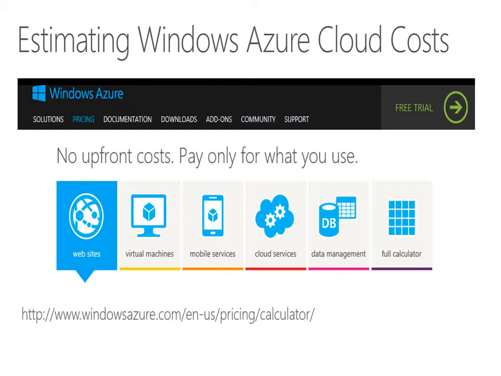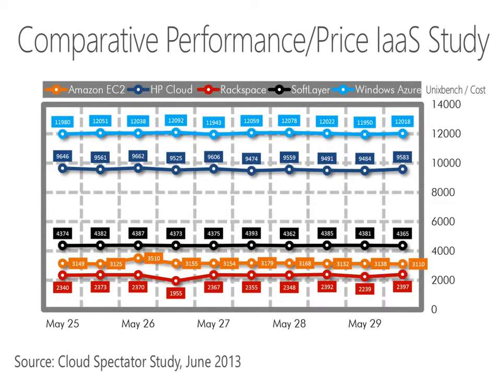As you're comparing public cloud platforms as part of your hybrid cloud strategy, you may also be very interested in researching the report that was done by an independent cloud analyst firm, Cloud Spectator. Back in June of this year, Cloud Spectator spent a week analyzing the cost and performance of 5 major cloud providers: Windows Azure, Amazon EC2, HP Cloud, Rackspace, and SoftLayer.